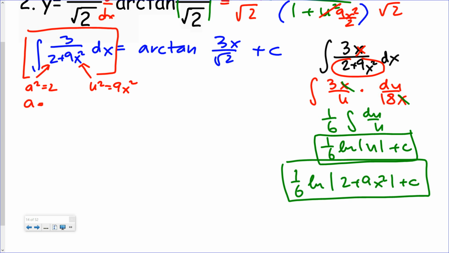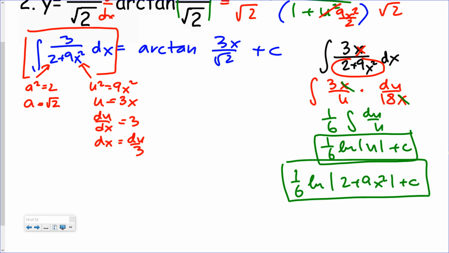That means a is actually equal to what? This is kind of funky. Square root of 2, right? Only take the positive numbers here. My u would be, what's the square root of 9x squared? 3x. Then you just work it down. If u is equal to 3x, the derivative is equal to 3, so dx is equal to du over 3. And we're basically doing u substitution. We basically just changed what we thought our u was.